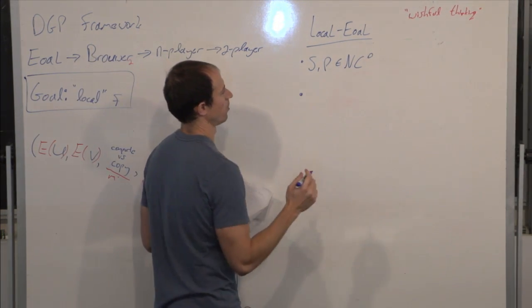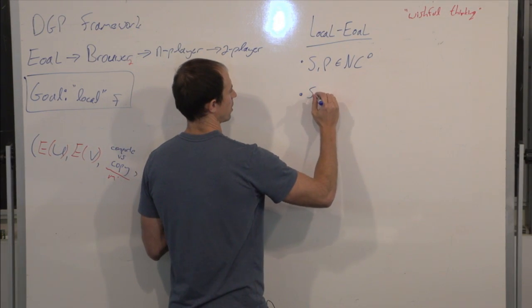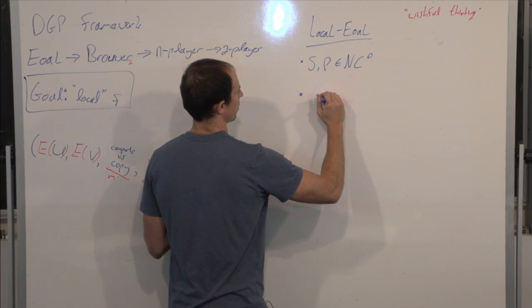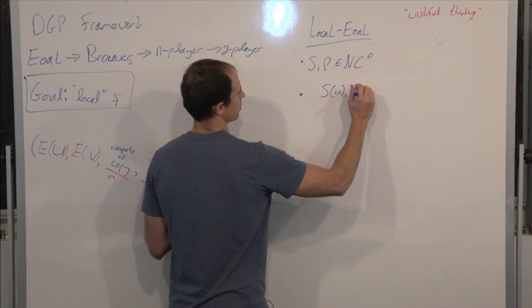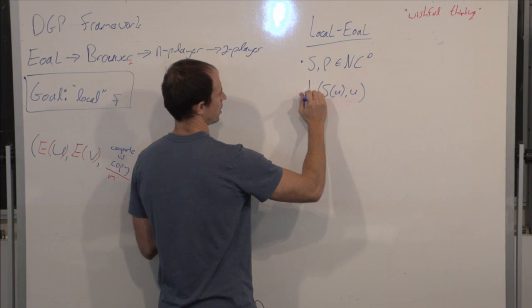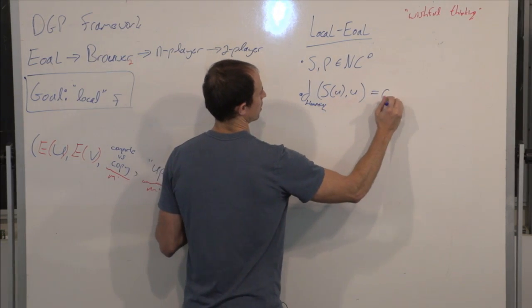Furthermore, I want the requirement that if I have some vertex U, and I compare it to its successor, its Hamming distance is order of 1.